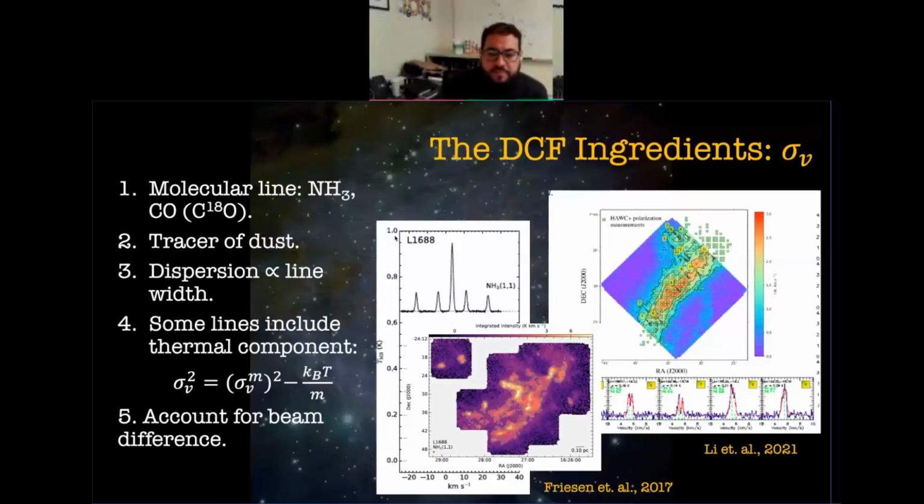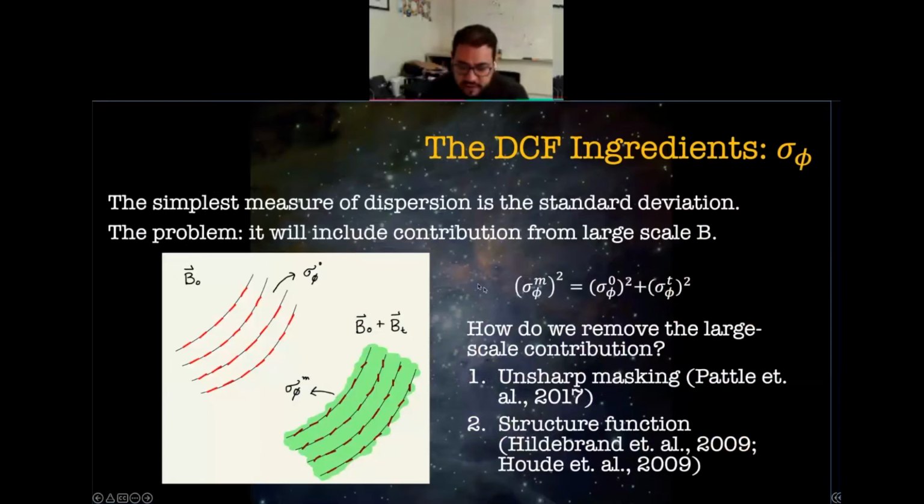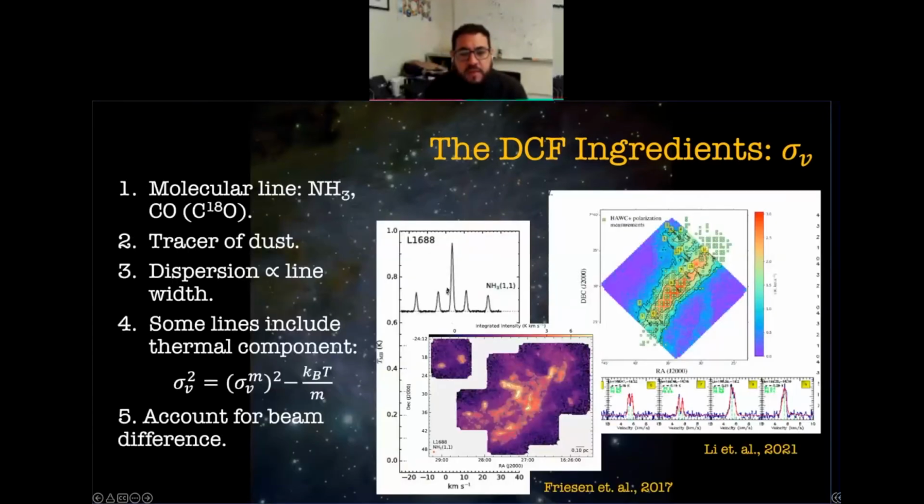What you want to see from these molecular lines is the spectral structure. You want to see spectral lines like this, because it is the width of these spectral lines that will give you an idea of the velocity dispersion for your observation.